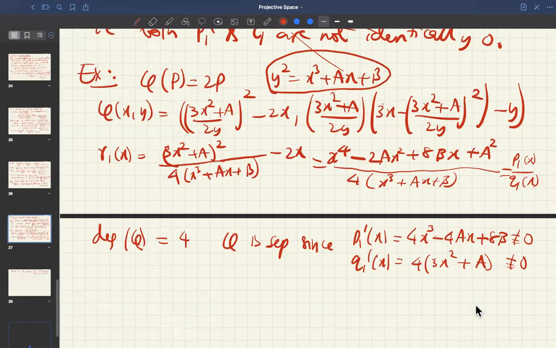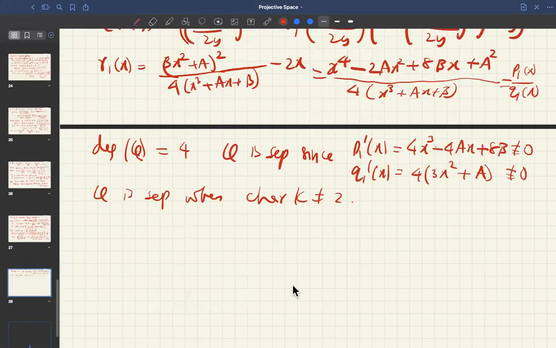When the characteristic is 2, both are identically 0, but this form is not valid in characteristic 2, so that's what we need to see. So phi is separable when the characteristic of k is not equal to 2.